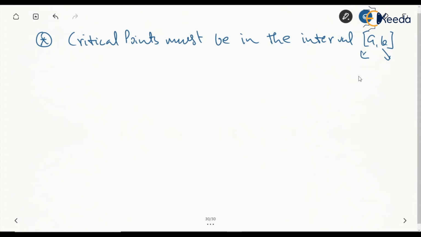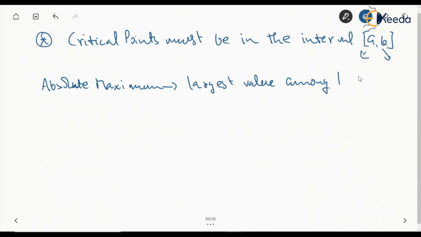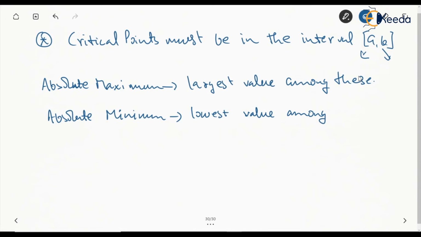So you can say absolute maximum will be the largest value among these, and absolute minimum will be the lowest or smallest value among these.